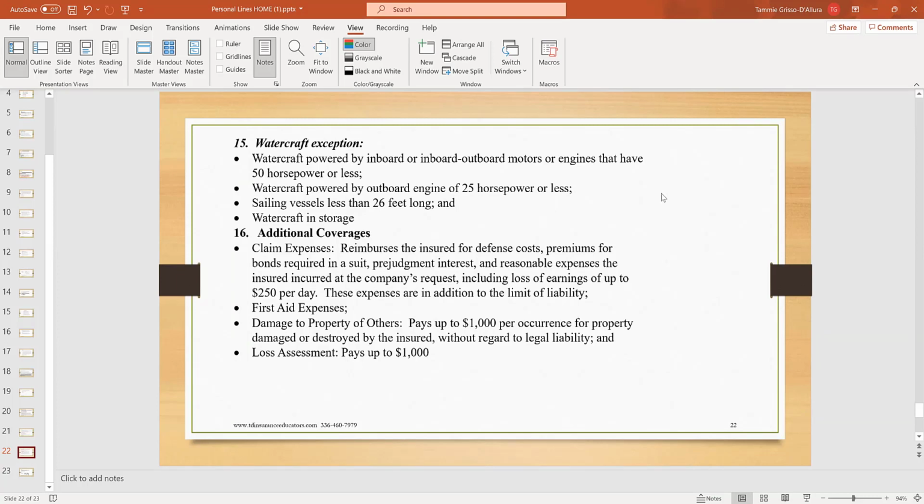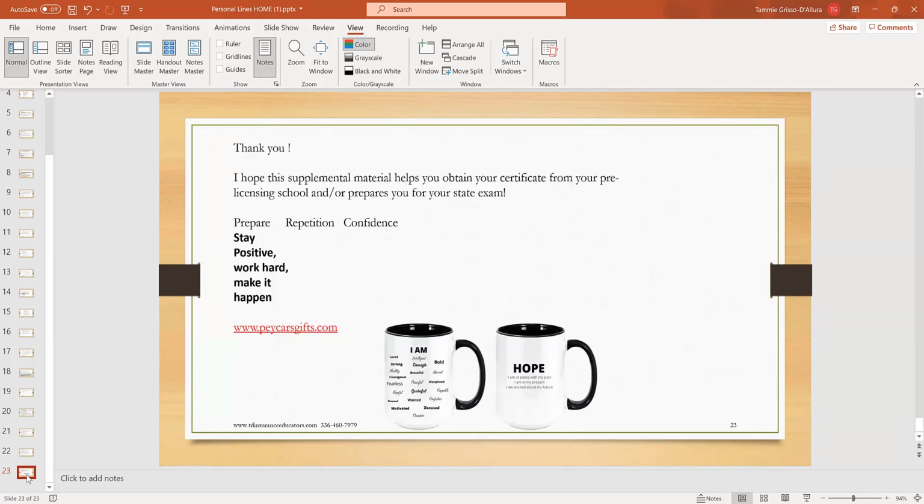So again, your homeowner association should have a policy, but let's say that there's a third party, they come swimming and something happens to them, they get injured and they sue all the homeowners. Your insurance policy only pays for liability for up to $1,000. So the loss assessment is the same under Section 1 and Section 2.